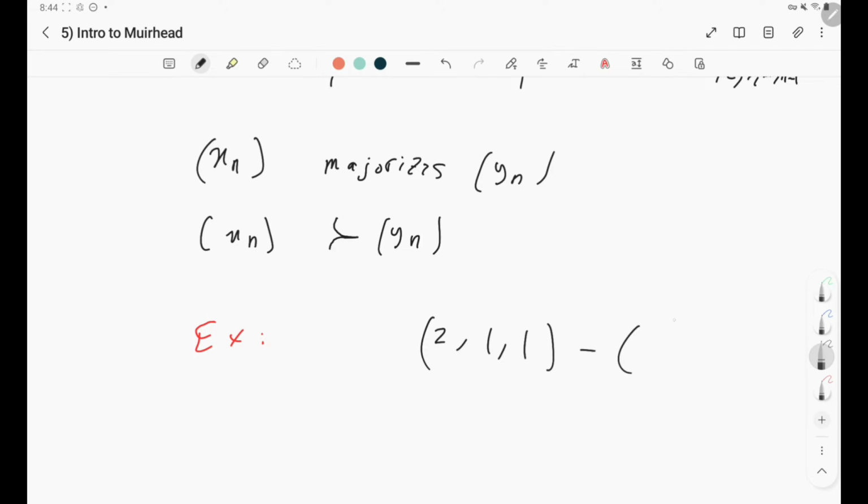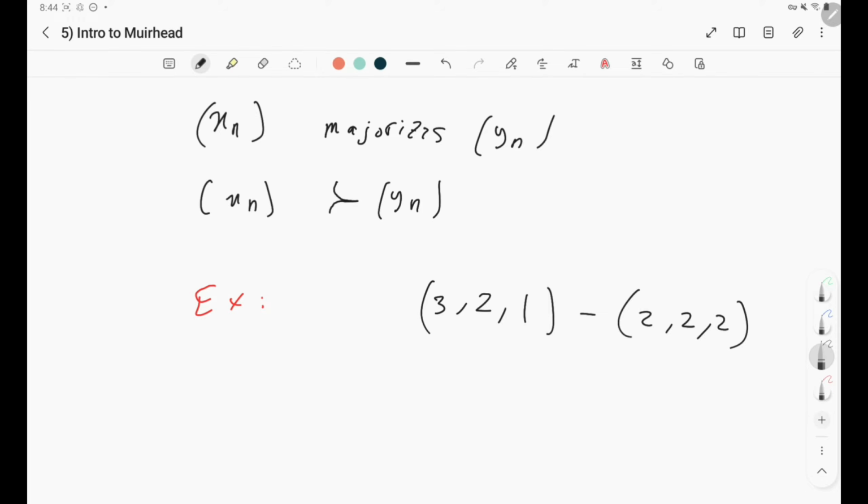Another sequence is, let's say, 2, 2, 1. Now, I think if I put 2, 1, okay, this will not work. Let's modify it. So let's say 3, 2. Then now we have the sum is what? Okay, that works.